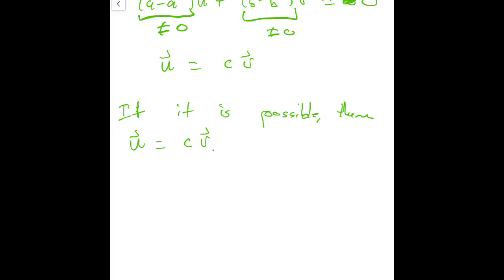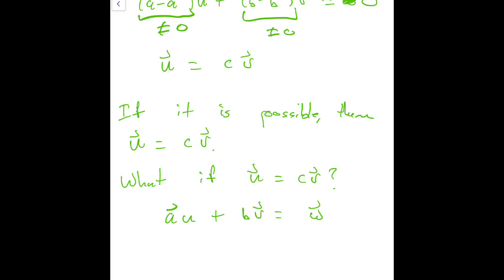Okay, now let's answer the question the other way around. So what if U is equal to C times V? In other words, what if U and V are just scalar multiples of each other? If we know that AU plus BV is equal to W, can we find other constants that make this true? And the answer is yes. How can we do that? Well, if AU plus BV is equal to W, notice what we can do.